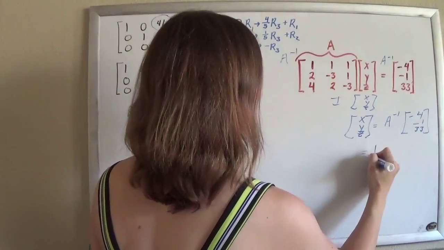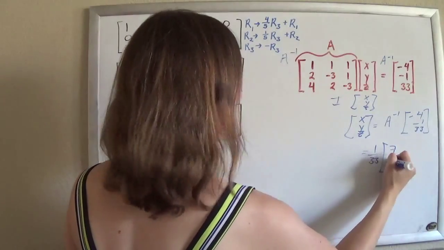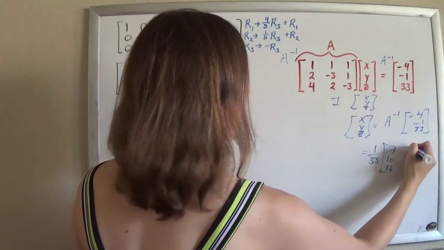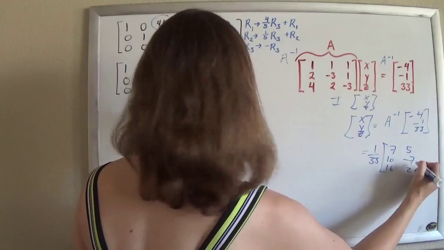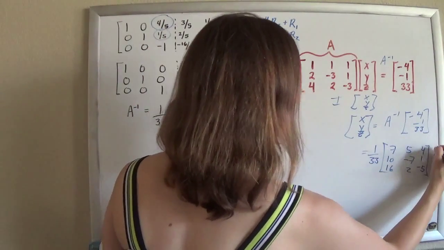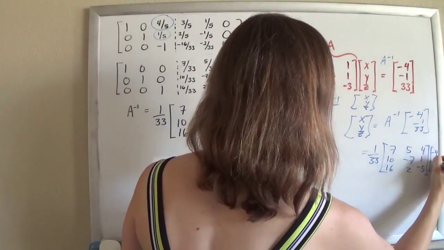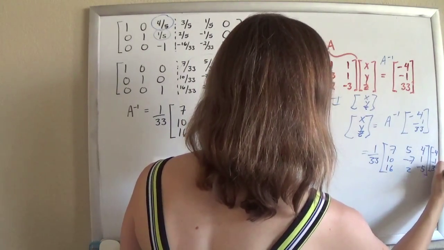So I'm going to write 1 over 33, 7, 10, 16, 5, negative 7, 2, 4, 1, negative 5, multiplying that by, oh geez, negative 4, negative 1, 33.